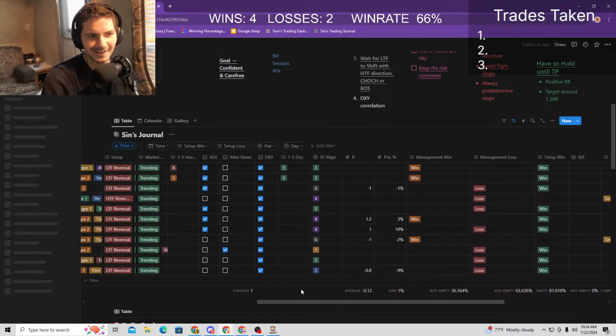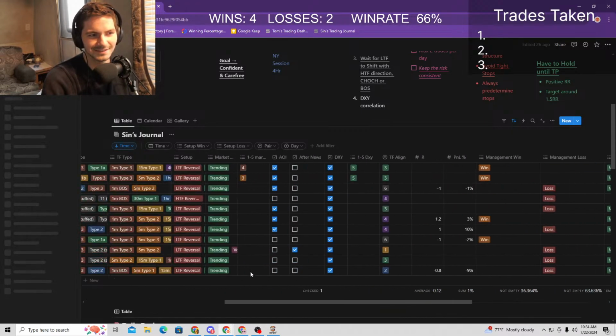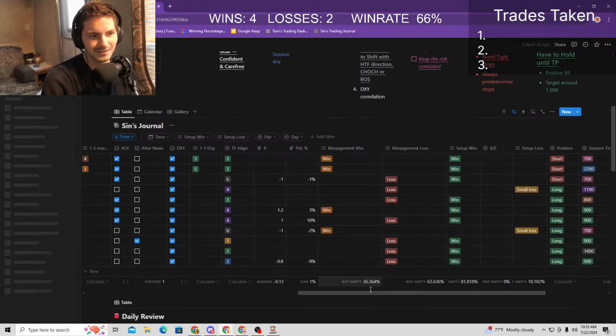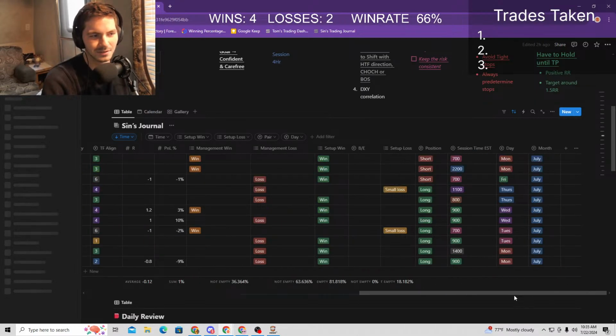So I have an issue not closing trades because I forget, and an issue closing too early. There were 2 trades last week that I took a small loss on, but the setup won. I just need to hold it.